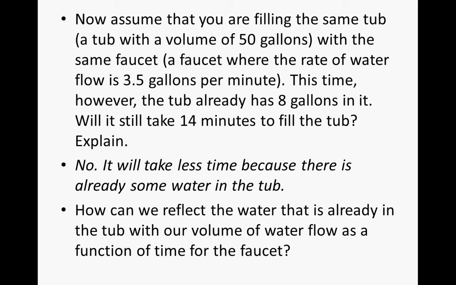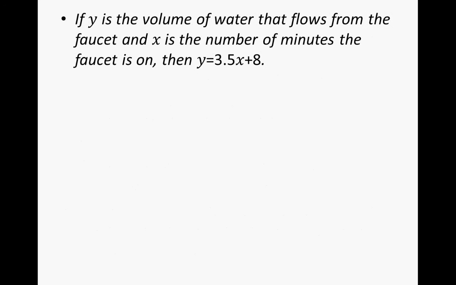So how can we reflect the water that is already in the tub with our volume of water flow as a function of time for the faucet? If y is the volume of water that flows from the faucet and x is the number of minutes the faucet is on, then y equals 3.5 times x plus 8.